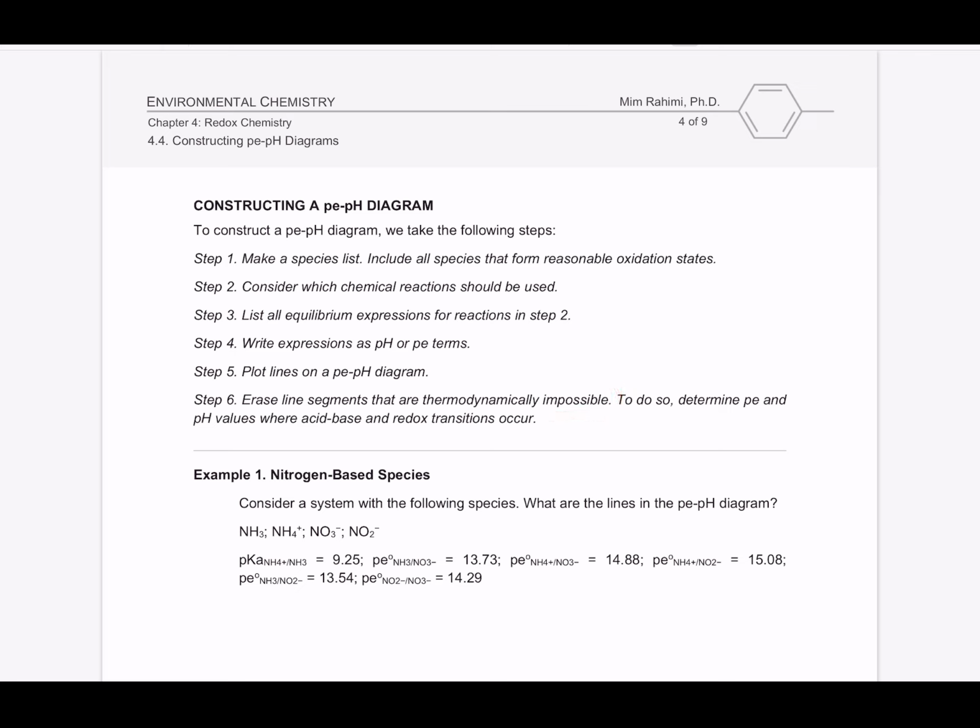I know this is very vague, but we will see that through the examples, how we erase some parts of the line. So this could be a complex task, but we try to make it simplified. What we do is basically we have a line, but some part of the line doesn't make sense. So now we want to identify what part of the line doesn't make sense through the examples.